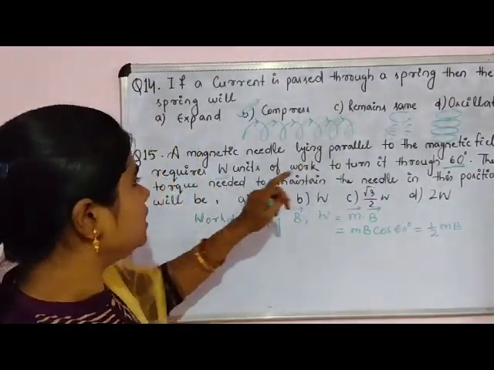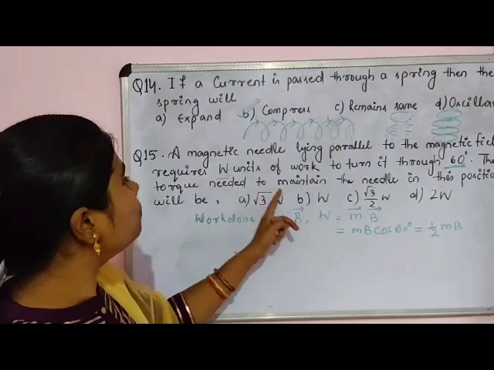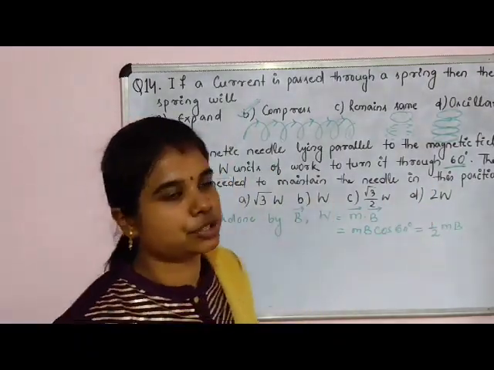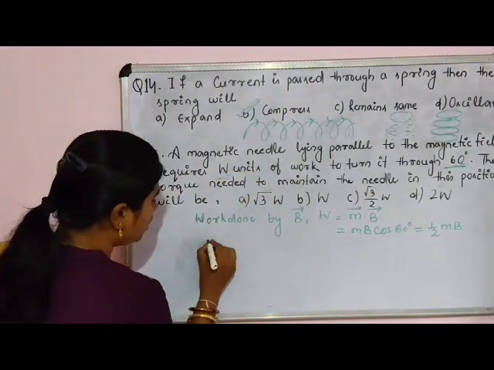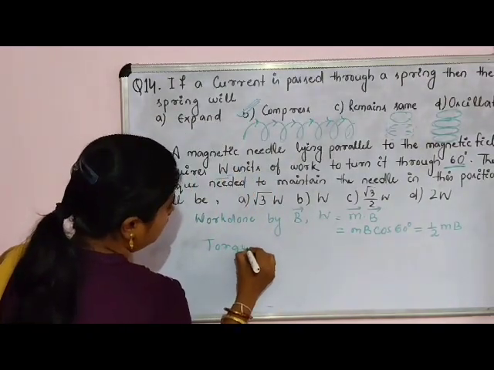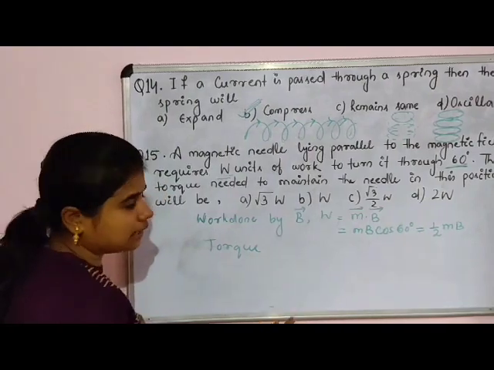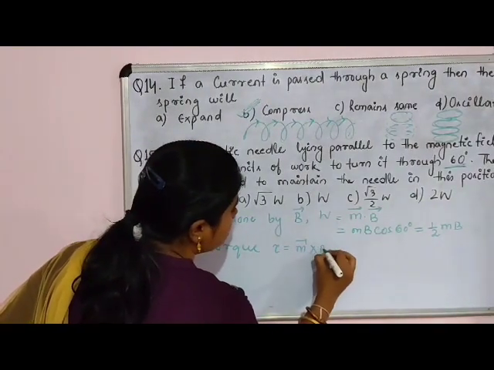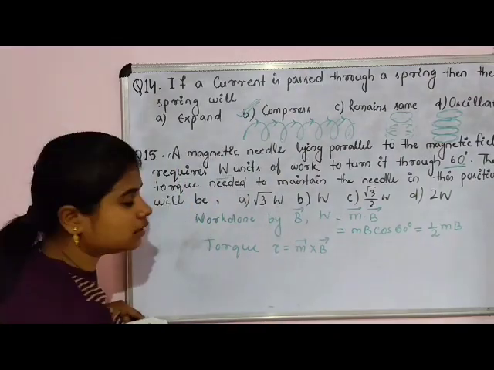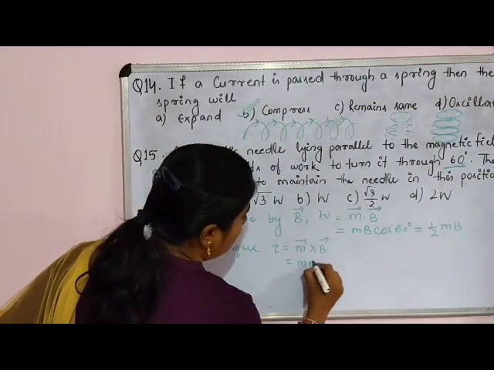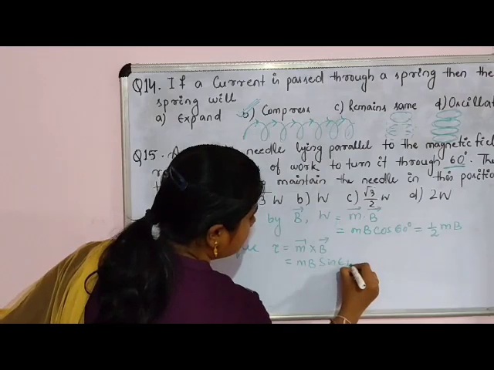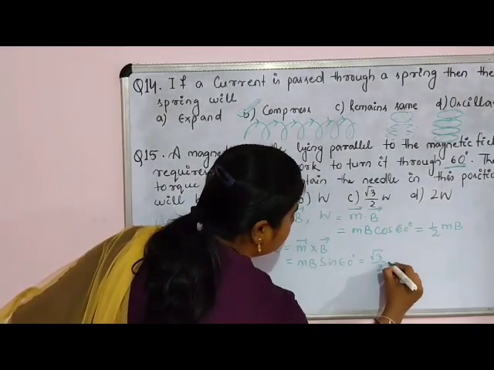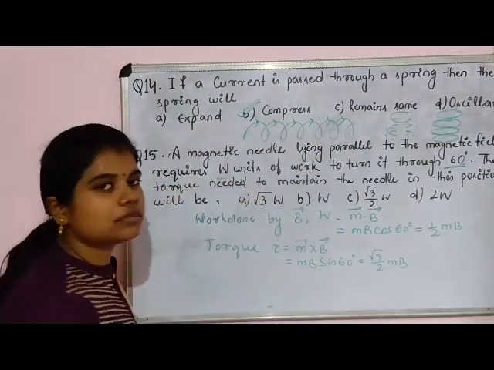Now this is the amount of work done by the magnetic field on the magnetic needle. Next part, the torque needed to maintain the needle in this position will be how much? So we know that the torque acting on the needle when it is placed in a magnetic field can be given by M cross B vector, right? That will be equal to MB sin 60 and that will be equal to root 3 by 2 MB. Okay.